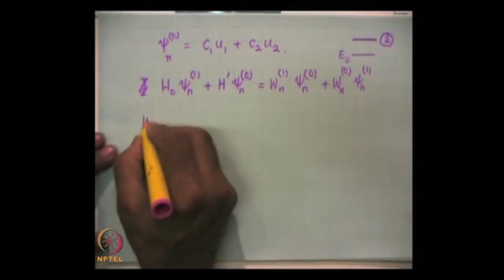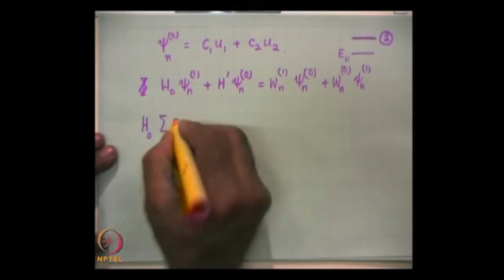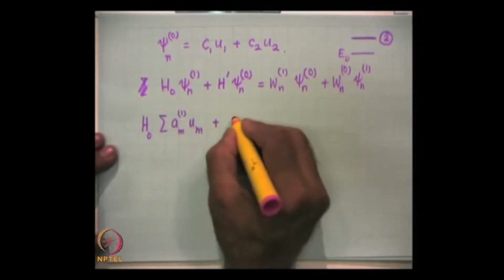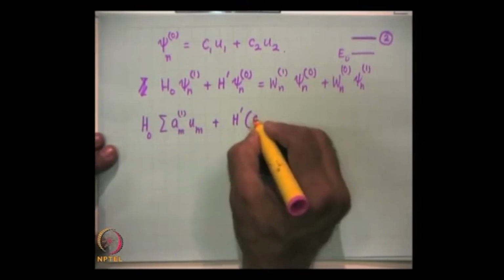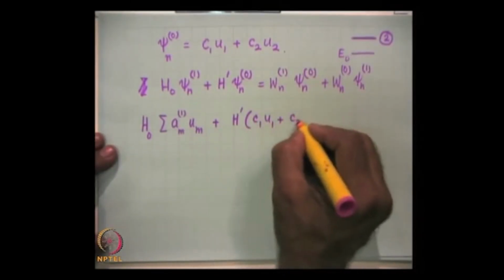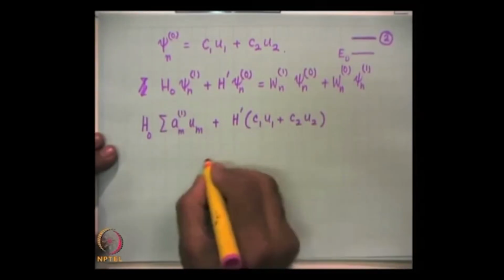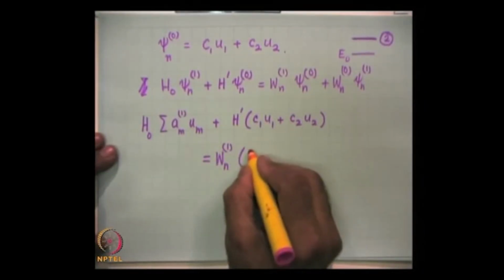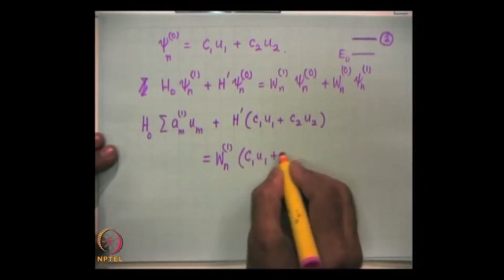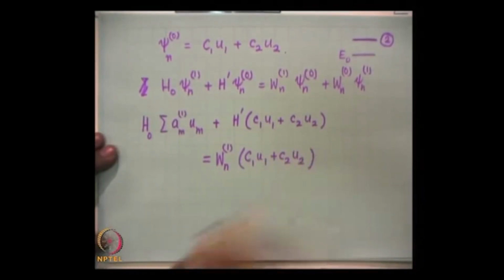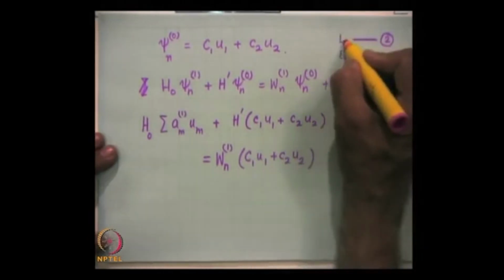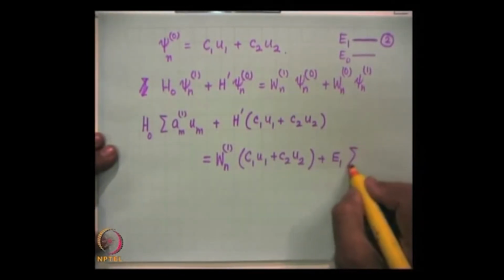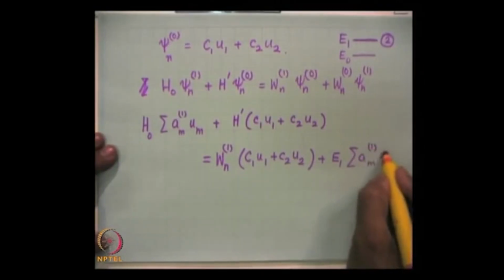We wrote down that H naught summation A M1 U M plus H prime C1 U1 plus C2 U2 is equal to W n1 C1 U1 plus C2 U2 plus W n0 psi n1, and W n0 is E1. So, this is E1 summation A M1 U M.